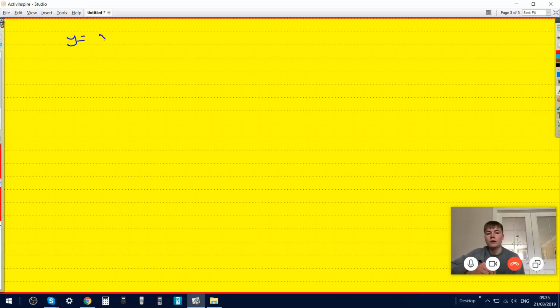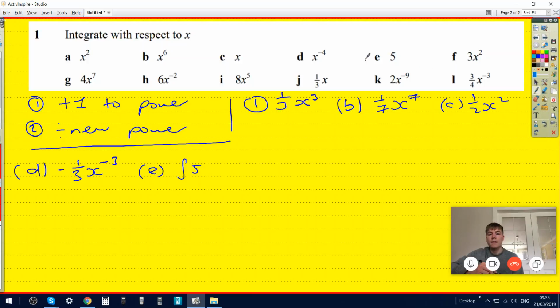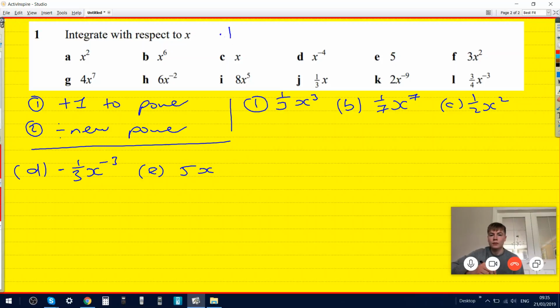Just 5. Okay, so what's the integral of 5? 5x. Yeah. So integral of 5 is 5x. Right. So it's like, what line has the gradient of 5? And the answer is y equals 5x. And all of these have a plus c after them. Yeah. F?